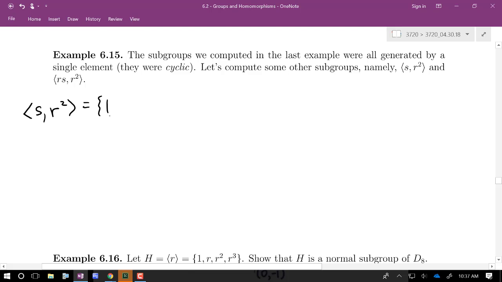We definitely get 1 because s times s is 1 and r squared times r squared is 1 for that matter. And we'll clearly get both s and r squared. What's another element that we'll get in this?